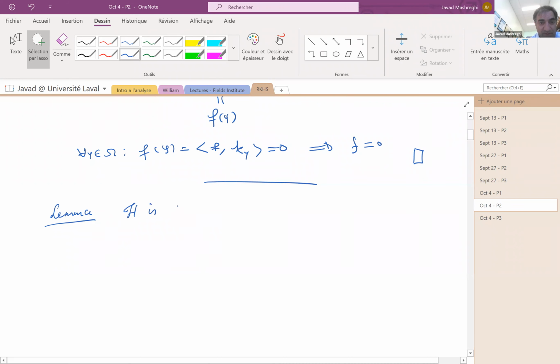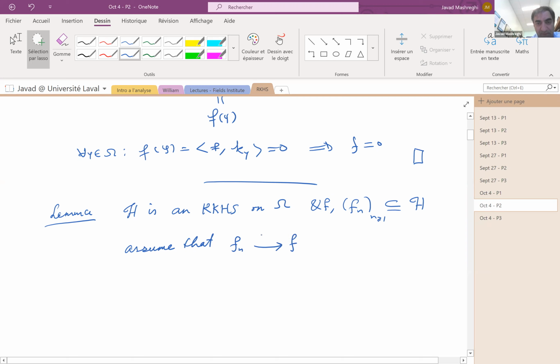As before, H is always an RKHS on omega, and Fn is a sequence in H. Our hypothesis is that Fn goes to F under the norm of H. Then for every x in this set S, F at point x is equal to the limit as n goes to infinity of Fn of x.